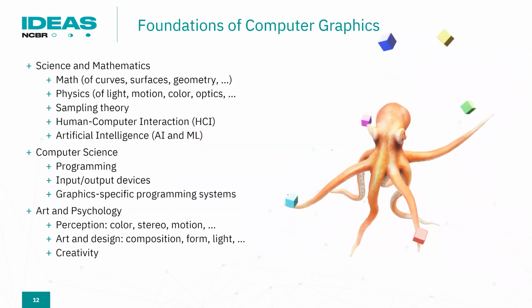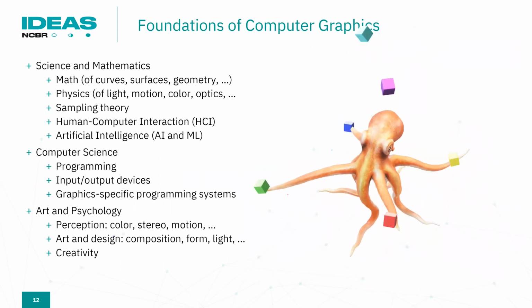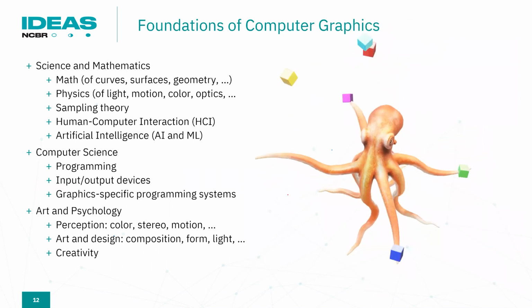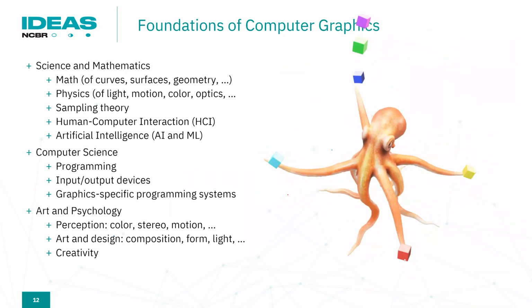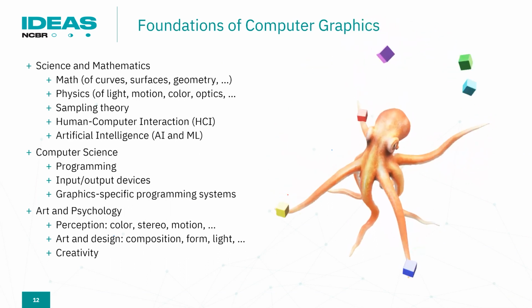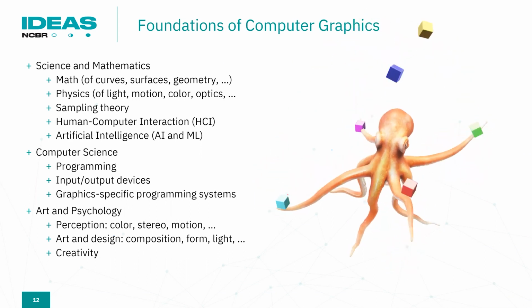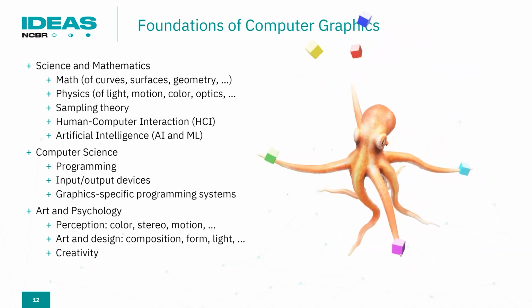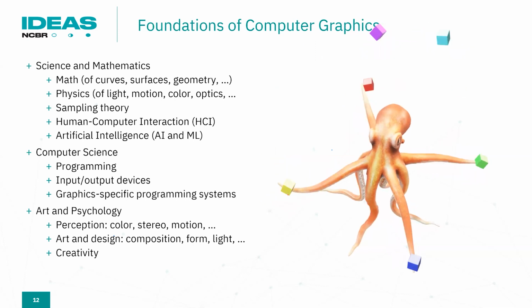So, the foundations of graphics, and here's the famous octopus. I don't know how the animation plays over the online connection. Is the animation fluent? Yes. Okay, great. Kind of okay. Well, unfortunately that's a little bit of a constraint. On my screen, it's fluent.